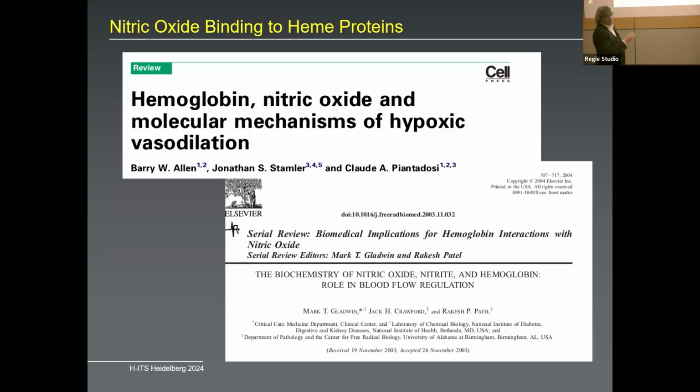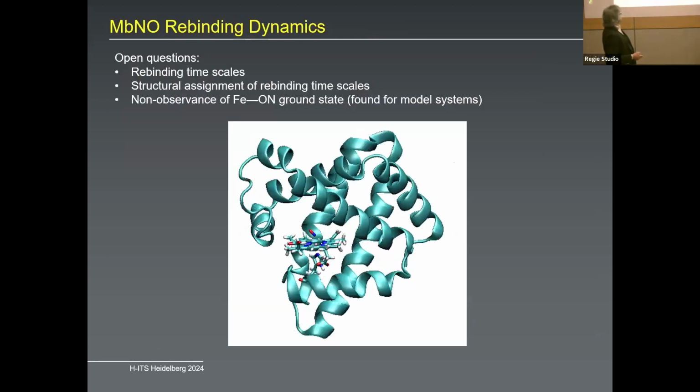So this is done for two sample systems. One is myoglobin with nitric oxide, which is relevant physiologically for vasodilation, for example. And the process we looked at is the rebinding of nitric oxide to myoglobin. Now, many things have been done for this system, but not everything.